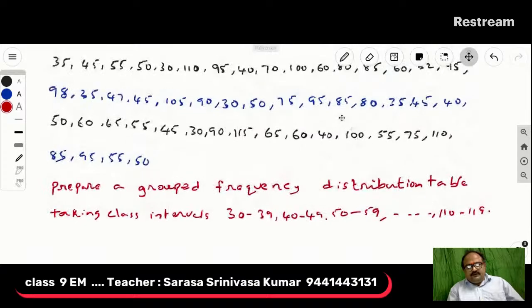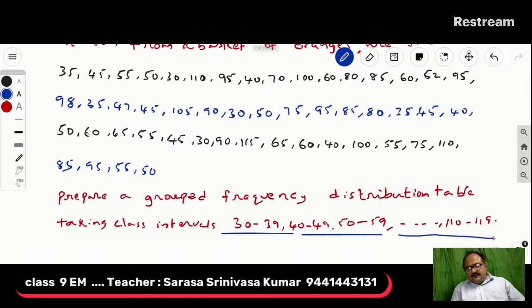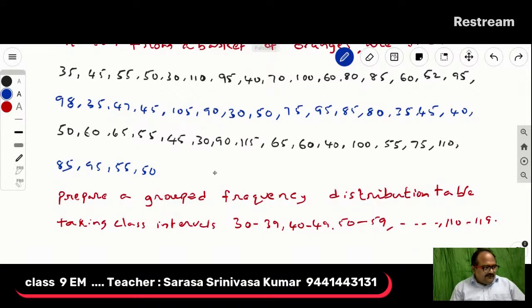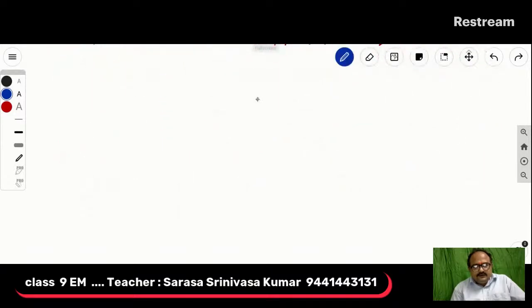So here in this problem, 50 observations are given to us, and we are asked to prepare a grouped frequency distribution table with these class intervals. So now let us prepare the table. We must learn how to prepare this table. Let us start our answer.